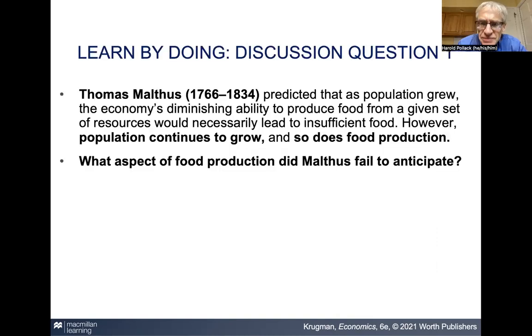Okay. By the way, the chapter mentions Malthus, who predicted that as population grows, the economy's diminished ability to produce food would eventually lead us to run into a food problem. And economists, by the way, 40 years ago were more convinced that Malthus was wrong than I think some of us are today.